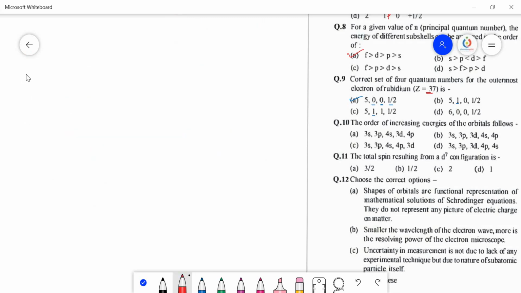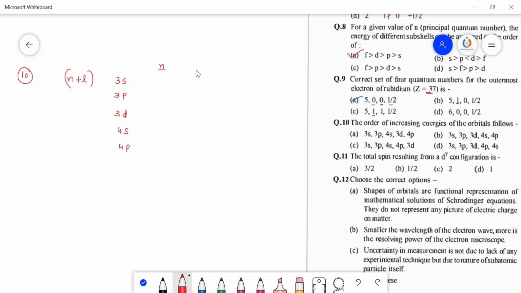So let us solve question number 10 here. The order of increasing energies of the orbitals follows. So generally we have to follow the n plus L value to find out the energy of the orbitals. Here in all these 4 options only these 5 combinations of orbitals are given. I will write down those 5 combinations of orbitals: 3s, 3p, 3d, 4s, 4p.